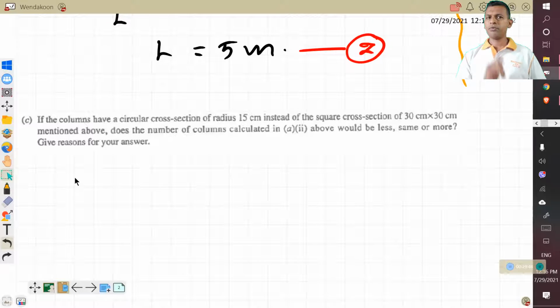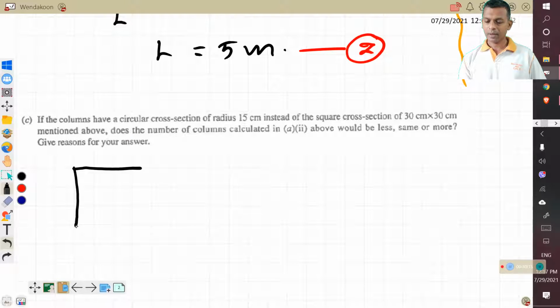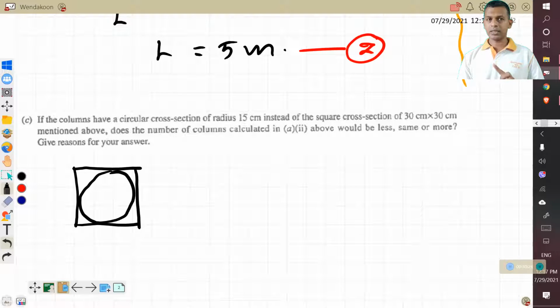Okay, therefore now we have to find out whether the area of this circular column is less than or greater than the area of the square column. So it can be easily done. If you draw a square and a circle with the given radius, then you know that the diameter of the circle is 30 centimeters, and this circle will be completely inside the square, and you can see the area of the square column is greater than that of the circular column.